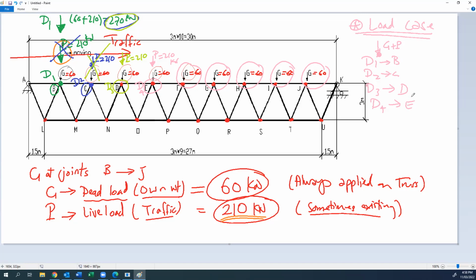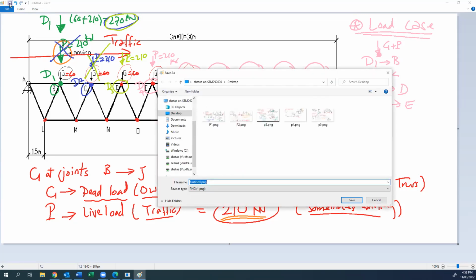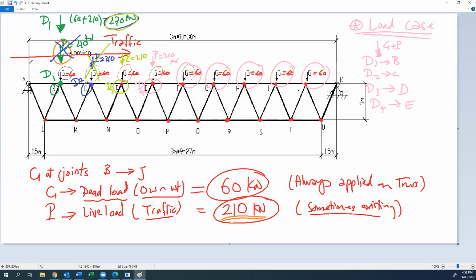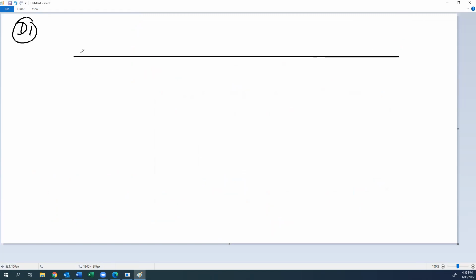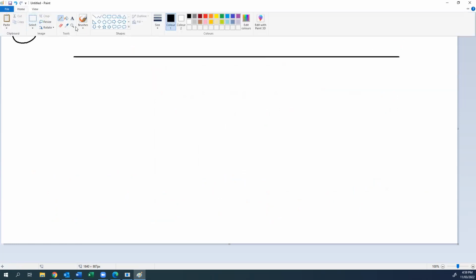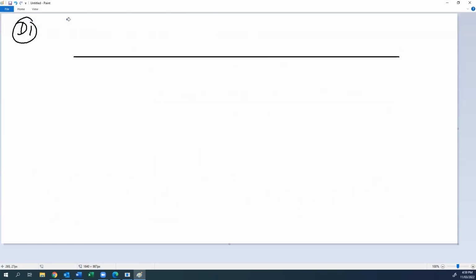Okay, so what you will do, I will explain more for you. What you will do as a group, let's say group D1. So for group D1, this will be our truss.